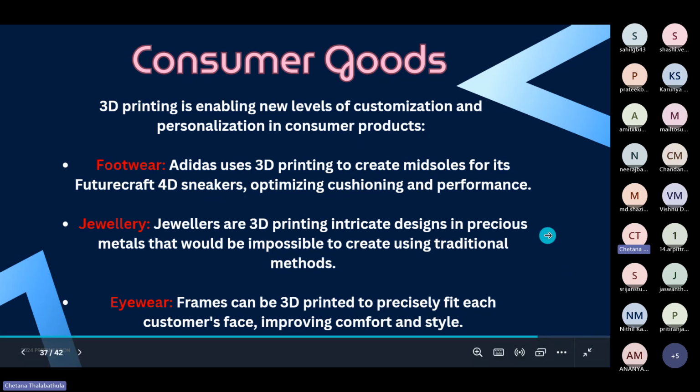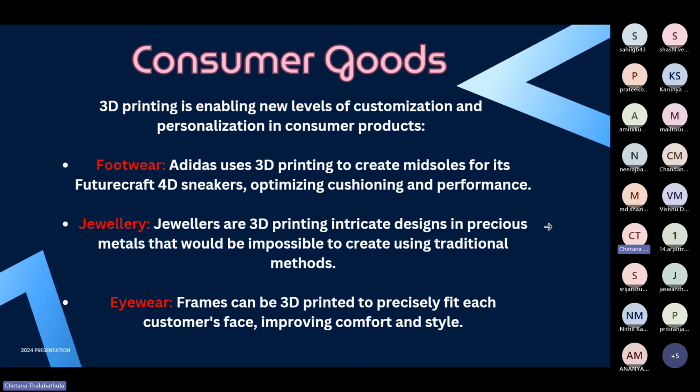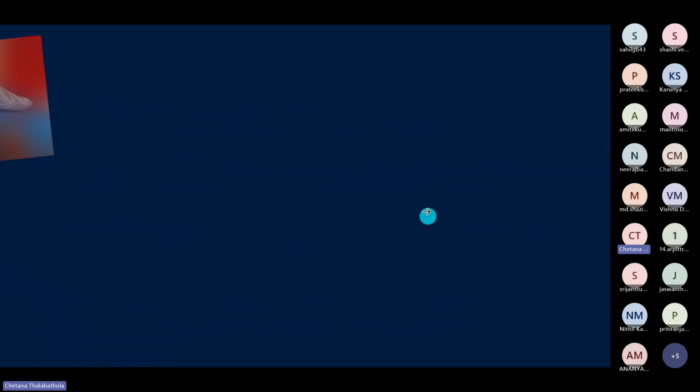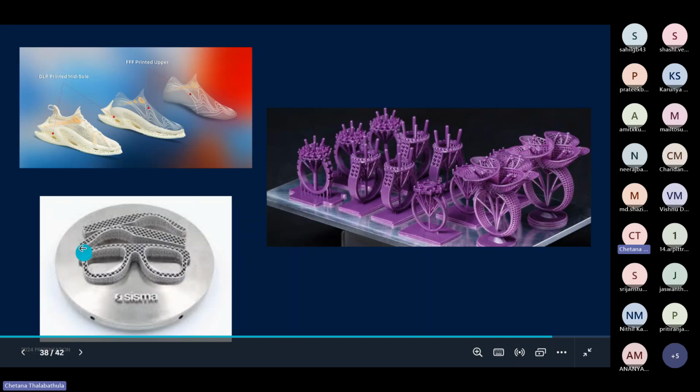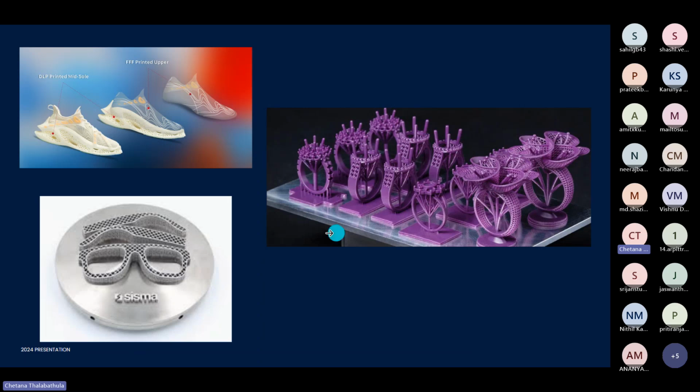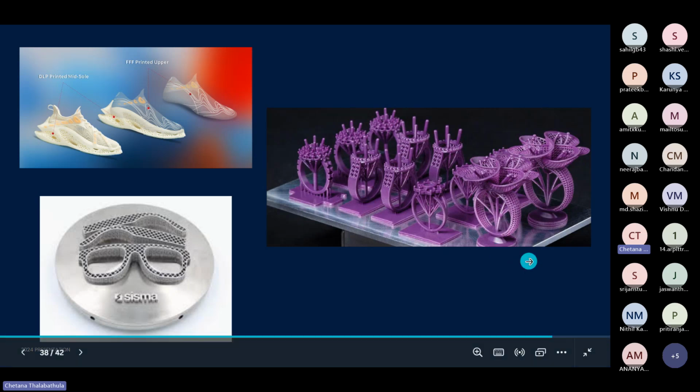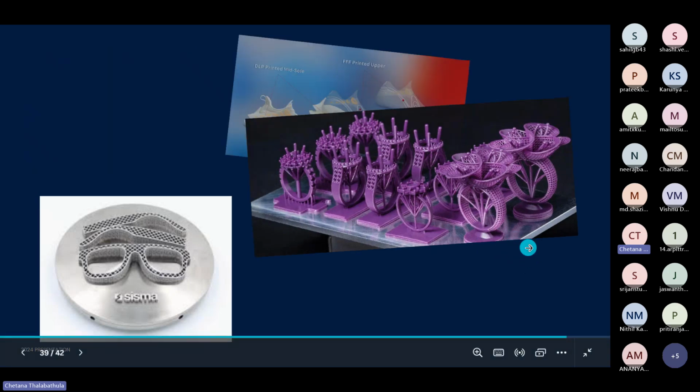Eyewear, again, is a personalized product that could be printed according to their comfort, their style, what they want. So this midsole is printed using a DLP printer, and these are the specs, printed eyewear personalized, and this is the jewelry printed. Not all jewelry is printed like this. Some jewelry is like this, and some will be printed metal, some gold is used. Every type of material can be printed in 3D printing.